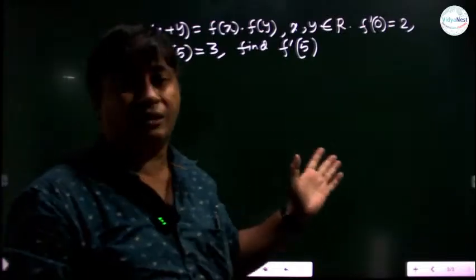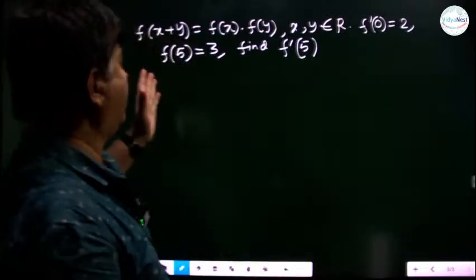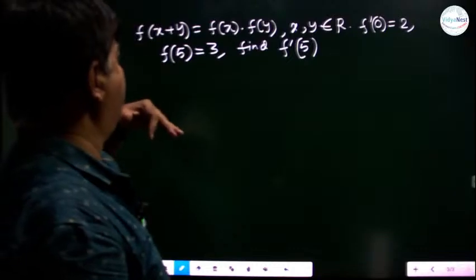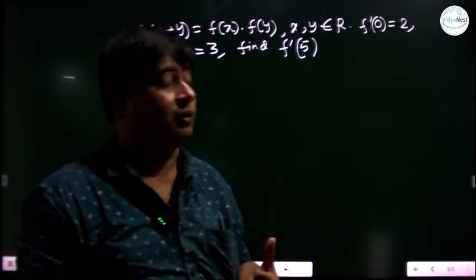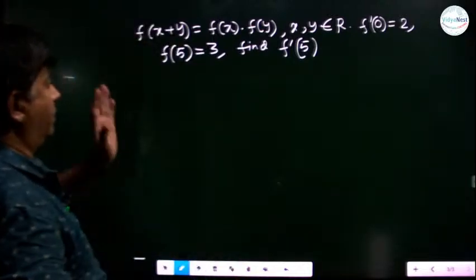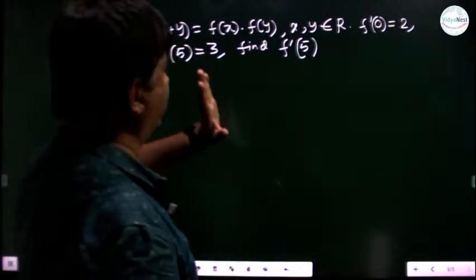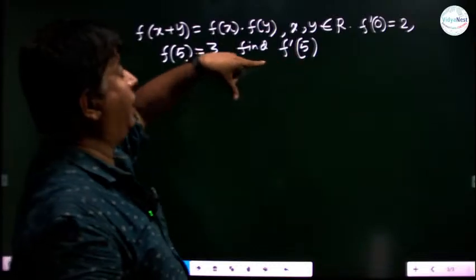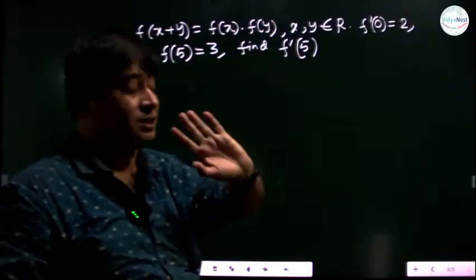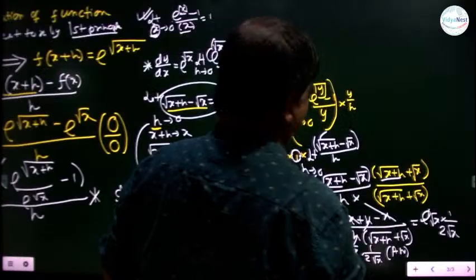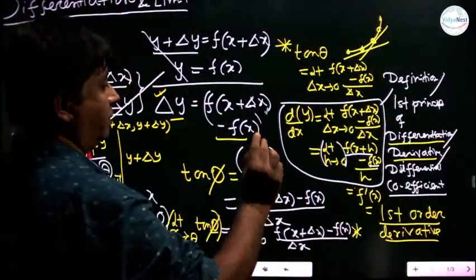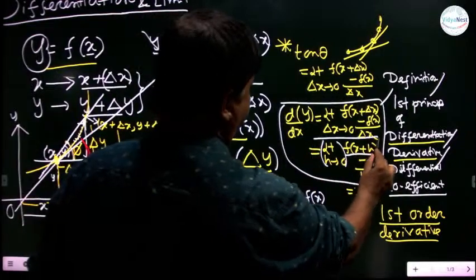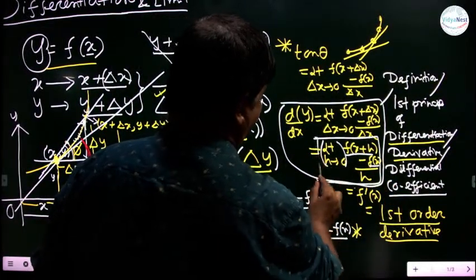Right now the sum is common, but this is a concept builder, a brain teaser, as it is called. See, it is directly related. Once you get this type, f dash 5, always try with that first principle. First principle means this part, f(x plus h) minus f(x).